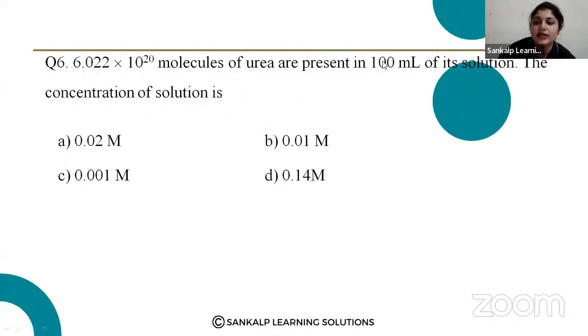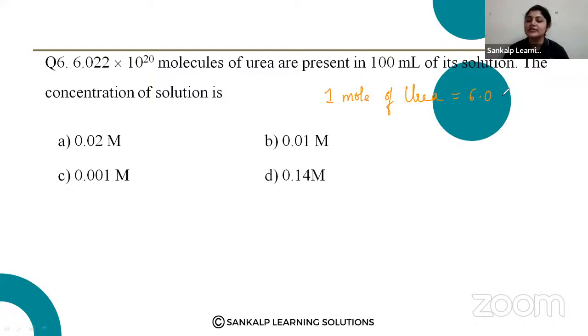So here the next question is: 6.022 into 10 raised to 20 molecules of urea is present in 100 ml of its solution. The concentration of the solution is? So we have to find the concentration of the solution. Whenever you consider 1 mole, it contains Avogadro's number.